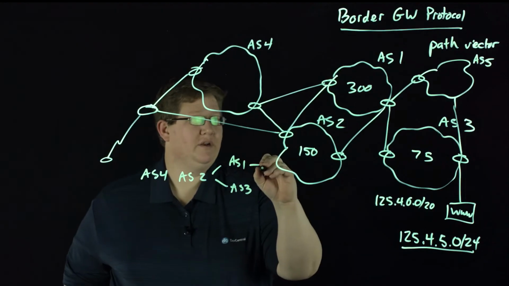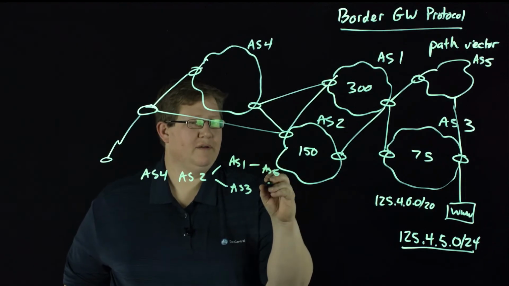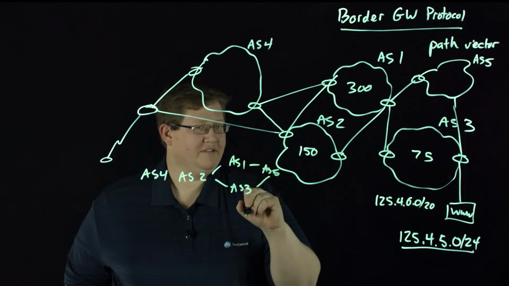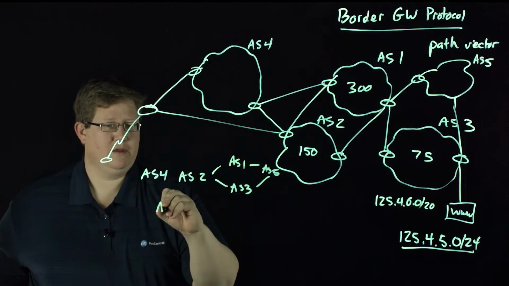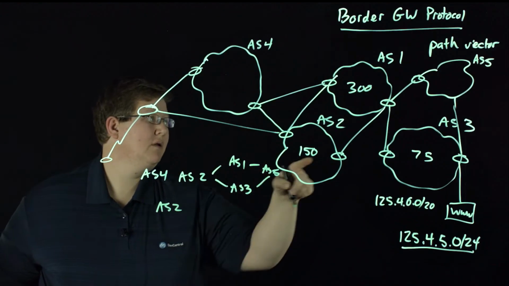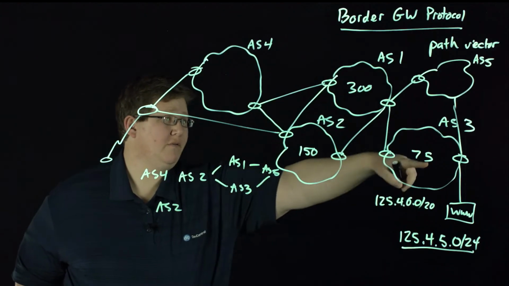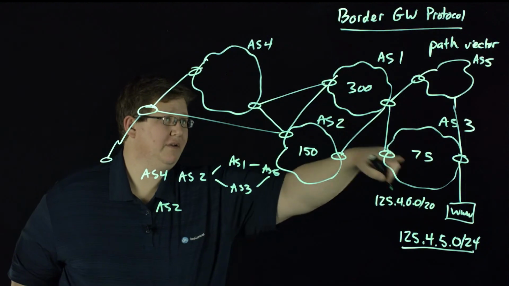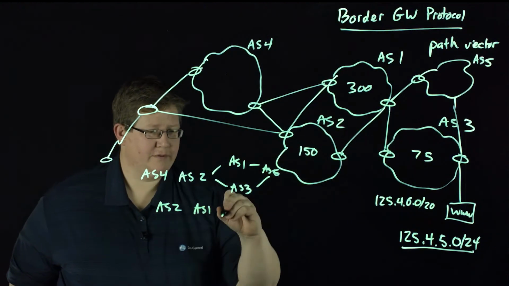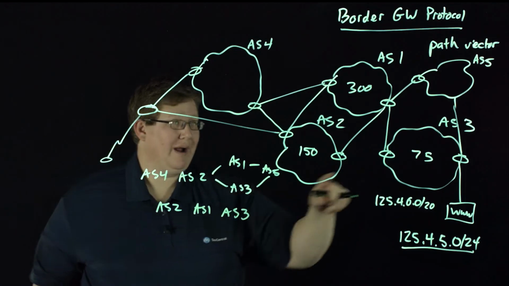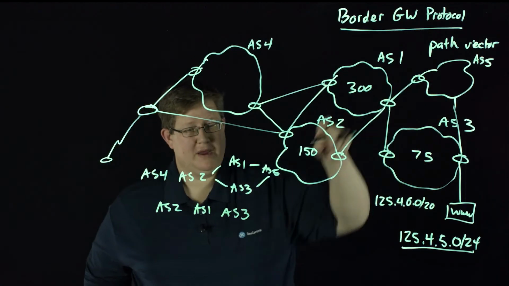And then from AS1 could go to AS5 and then back down to AS3. And so you could also just go straight to AS2, and there isn't a relationship over to AS3 from AS2, so you have to hop back up to AS1 and then down to AS3. And you might have routes also for this coming from AS5.